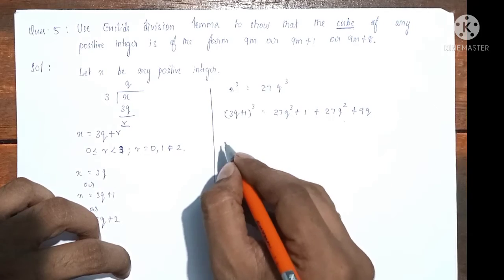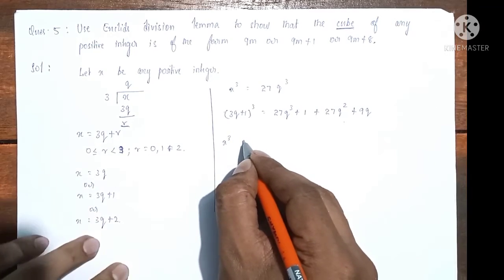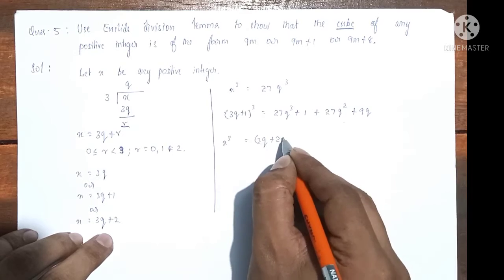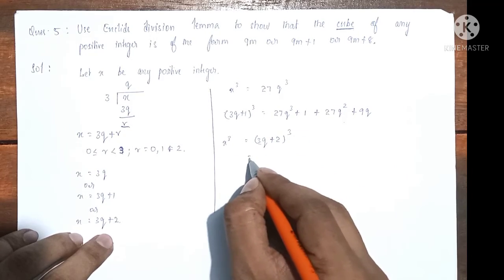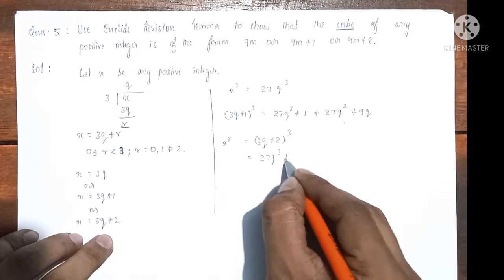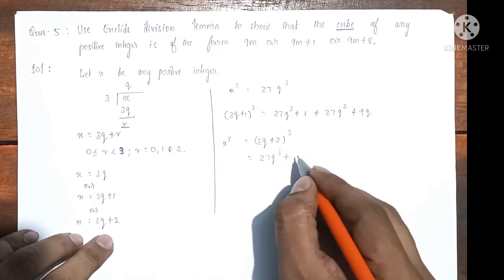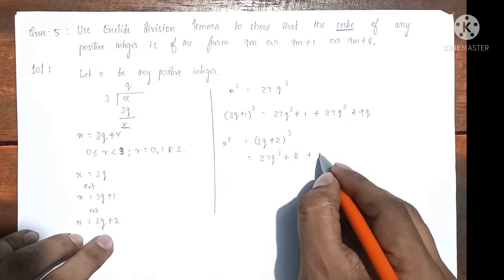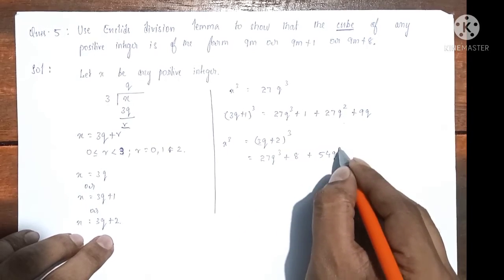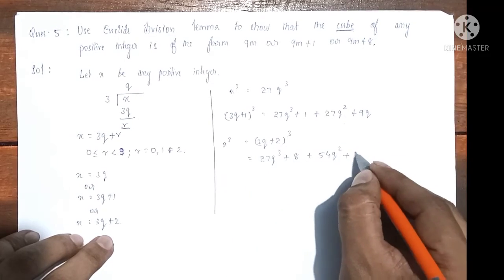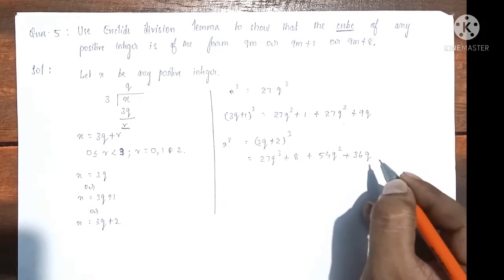Okay, the next x cube, 3q plus 2 whole cube: 27q cube plus 2 cube which is 8, plus 54q square plus 36q.